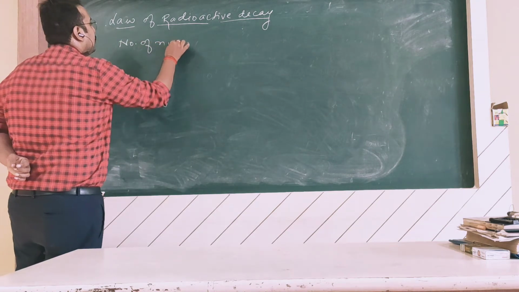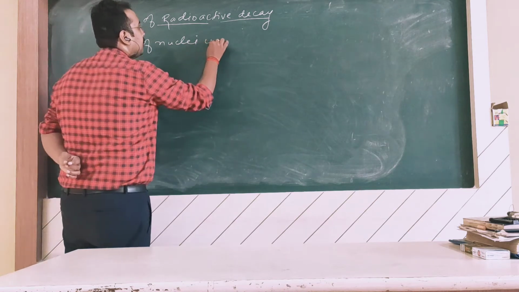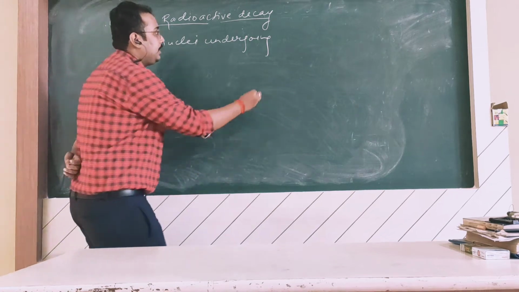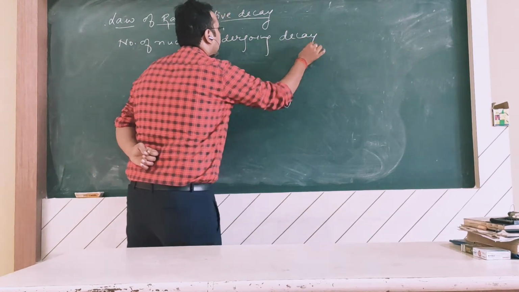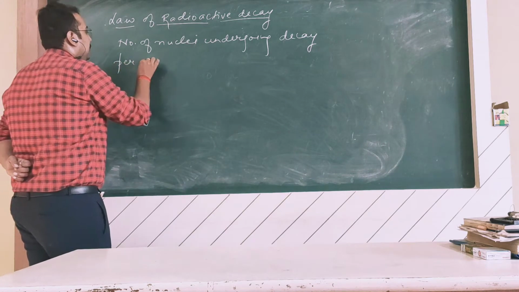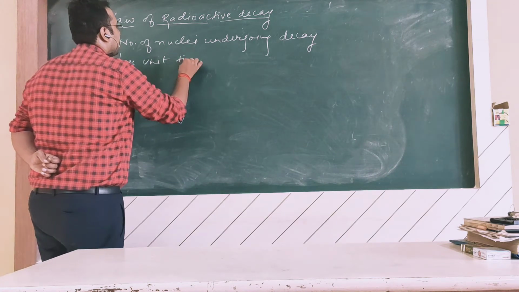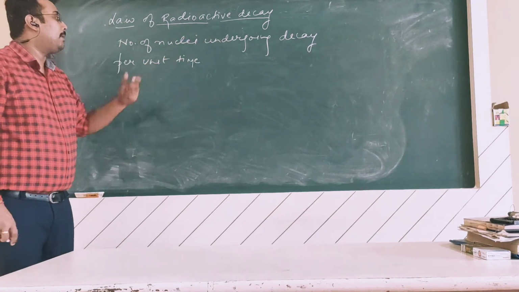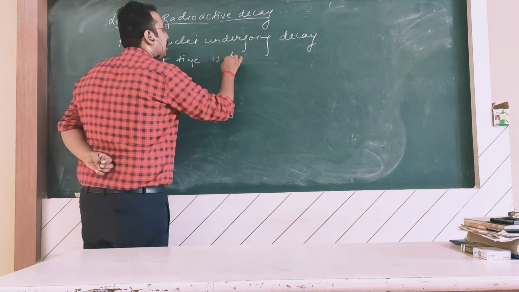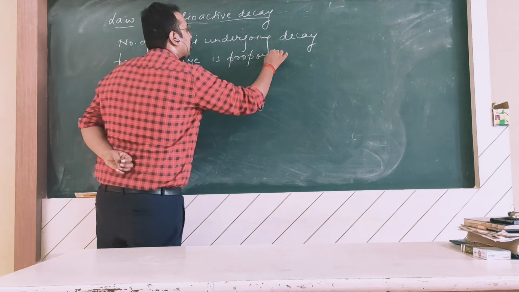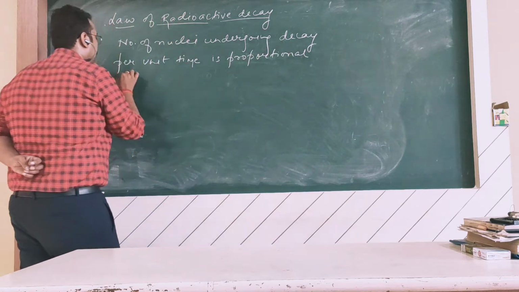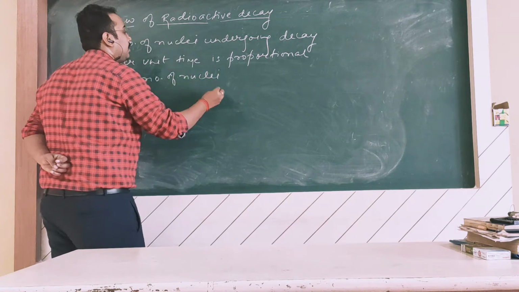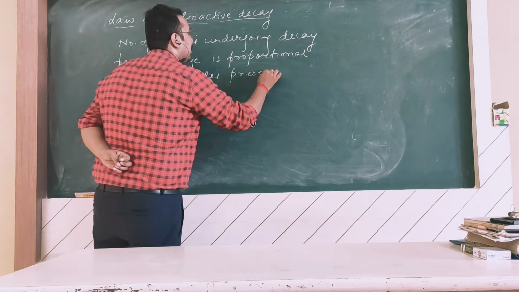The number of nuclei undergoing decay per unit time is proportional to the number of nuclei present at that time.